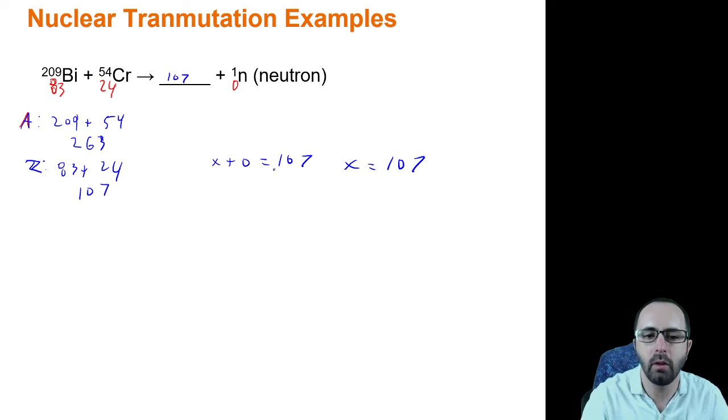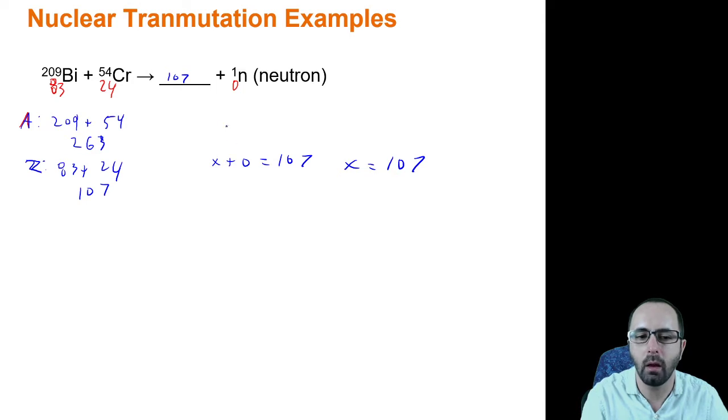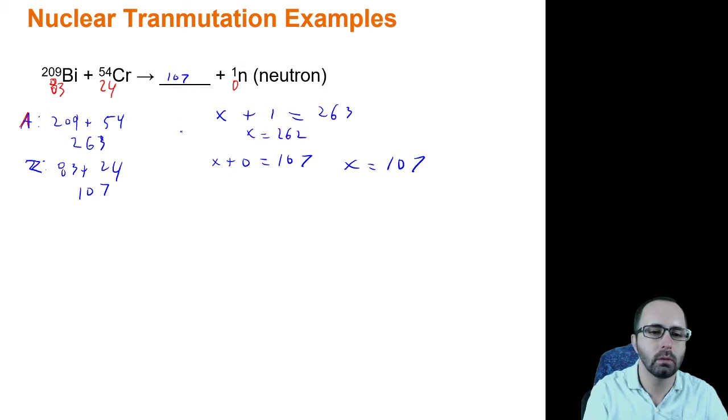And in terms of the mass numbers, we need something here, right up here, that adds with 1 for the neutron, and will add up to what we have over here, 263. So this x must equal 262. So this is going to be 262.